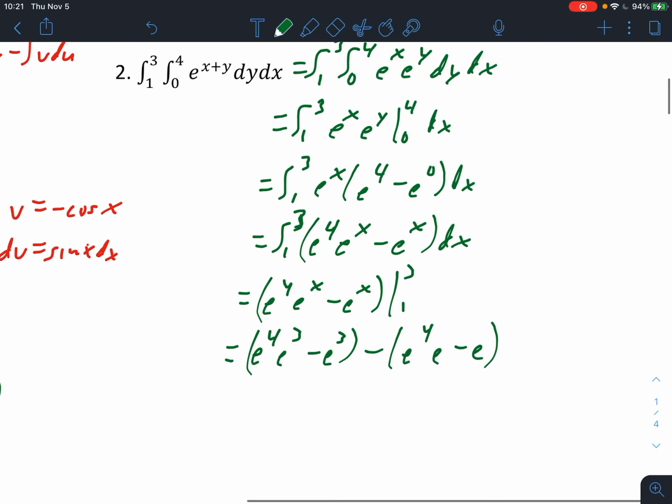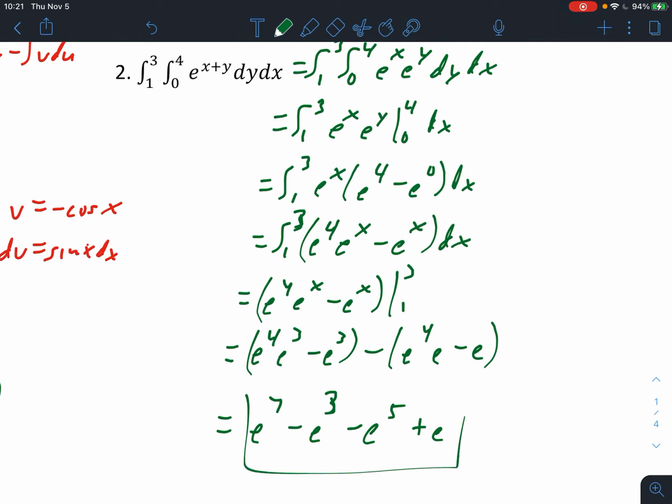Again, technically that would be fine. If you want to make this look a little bit prettier, that'd be great. So e to the seventh minus e to the third minus e to the fifth plus e. Can't do anything else with that.